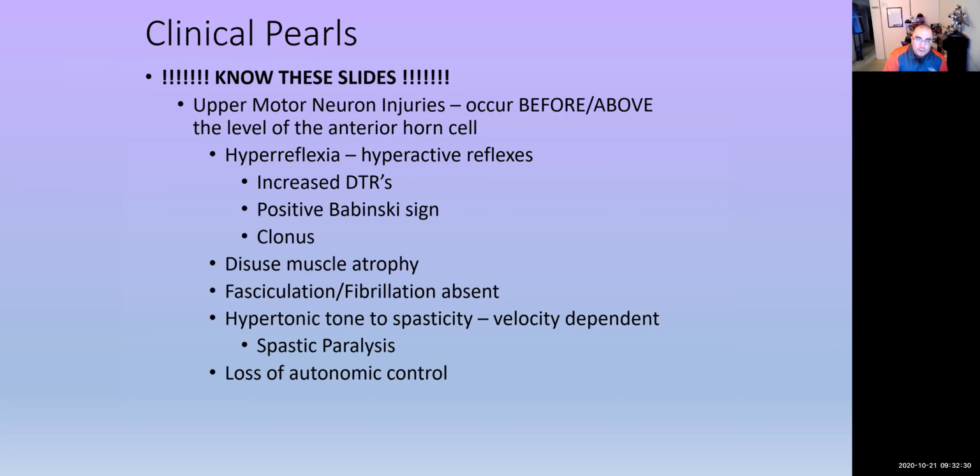Fasciculations and fibrillations are absent, meaning you don't get those little quivers in the muscles themselves. Well, that makes sense. Quivers are caused by nerves, right? So you're not going to get those little eye twitches. Think of fasciculations or fibrillations as that eye twitch idea, right?